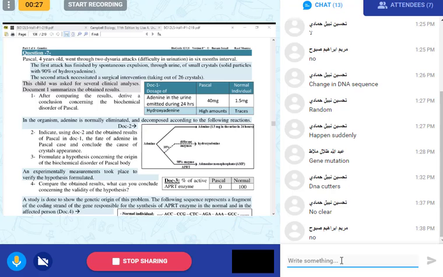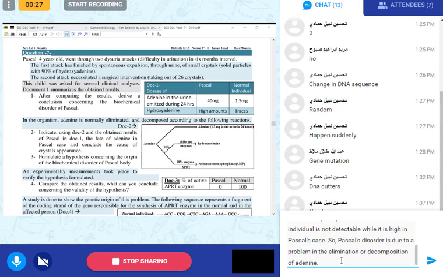And Jana, we know adenine, right? DNA is made of what? 2 sequences. What are the bases of the DNA? Jana, name the bases of DNA.